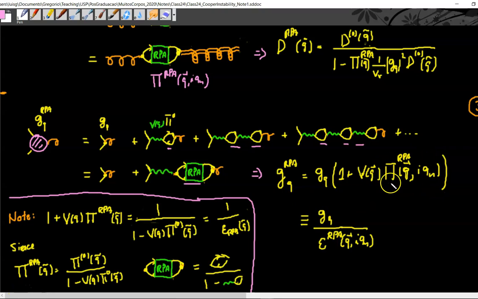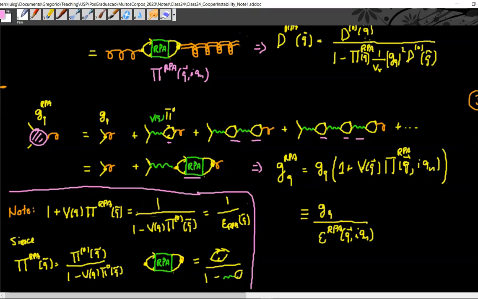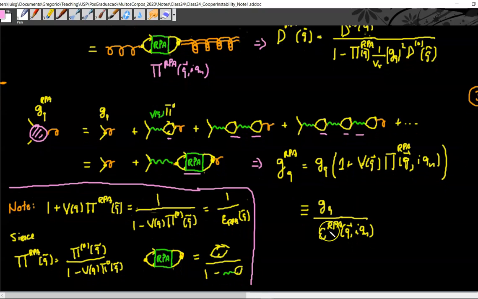Just to remind you that this is 1 over epsilon RPA, and you can actually show that this is equal to 1 over 1 minus VQ pi 0 Q.